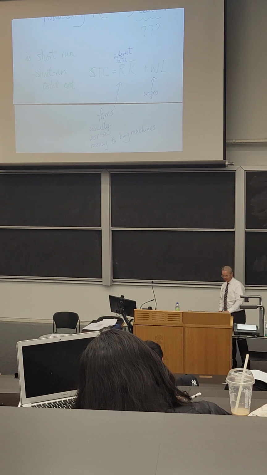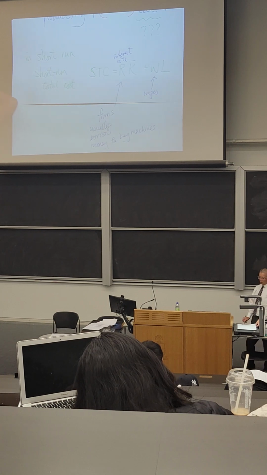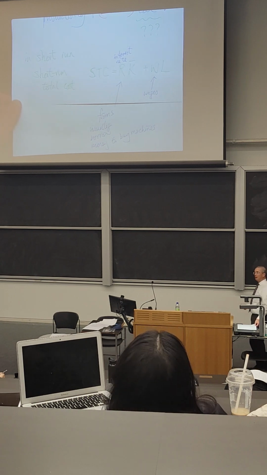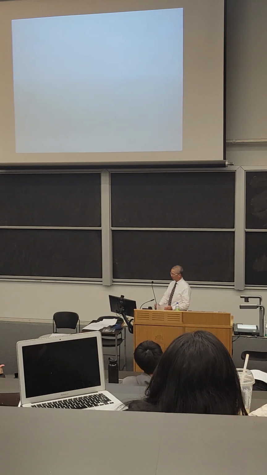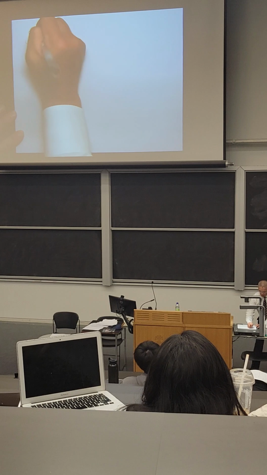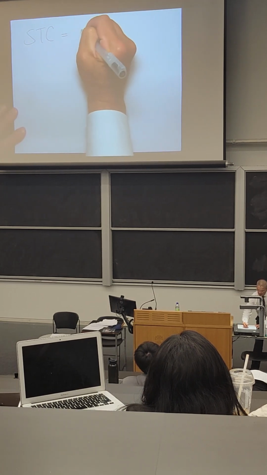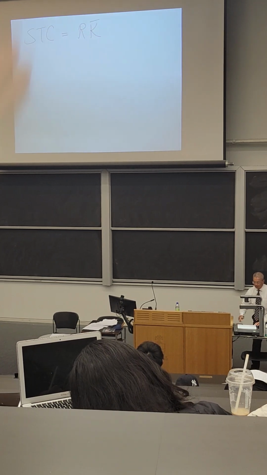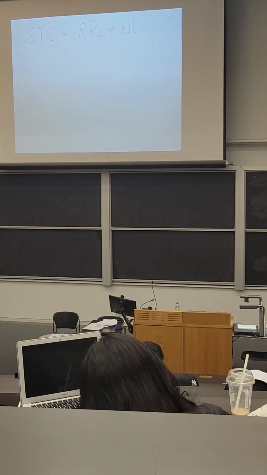So in the short run, this is what the short run total cost looks like, because we are only using two inputs, and therefore the cost will only be based on how much of these two inputs you use. So the short run total cost equals how much you pay to get the fixed capital and how much you pay to get the labor input.